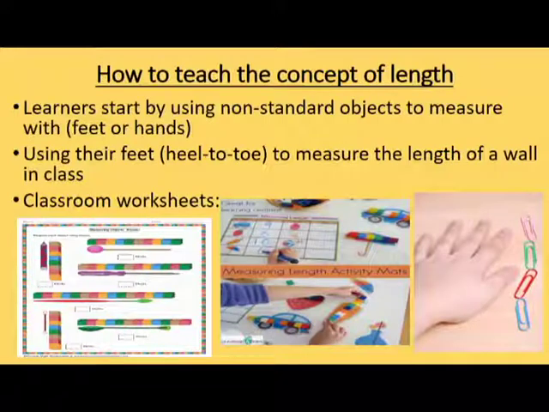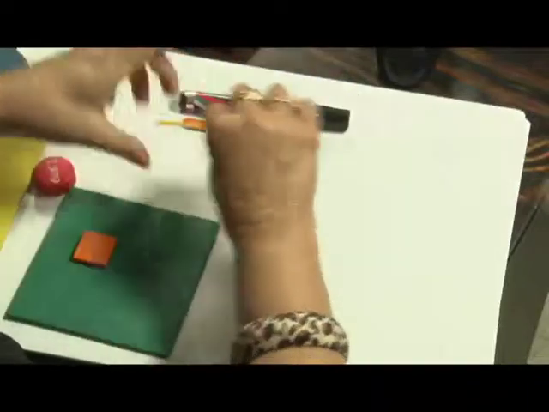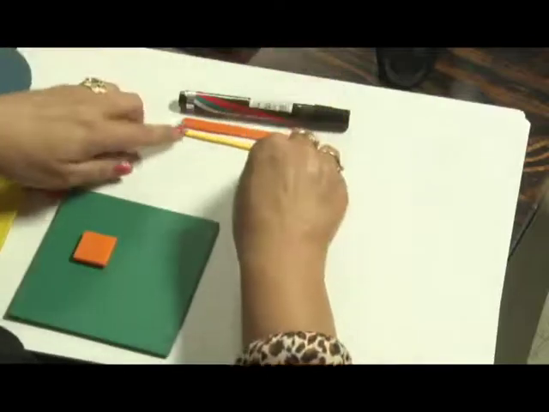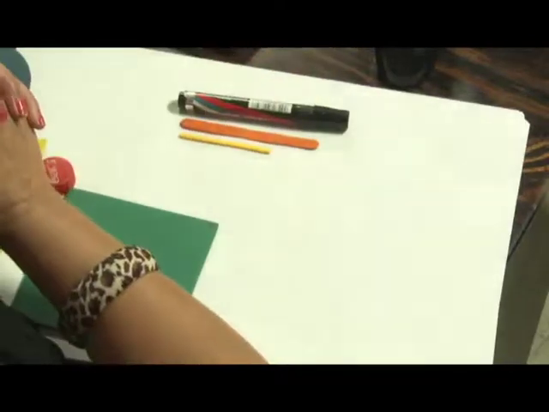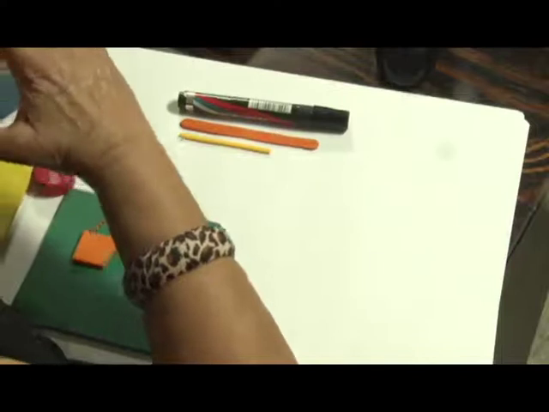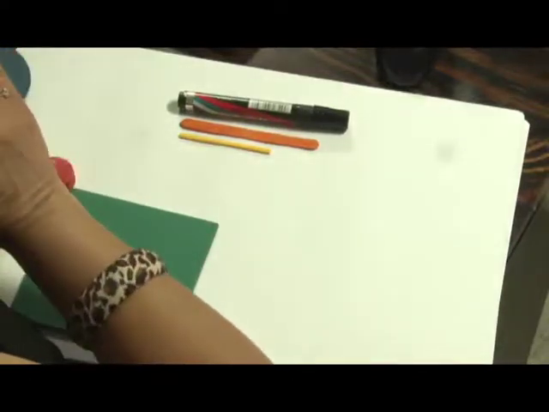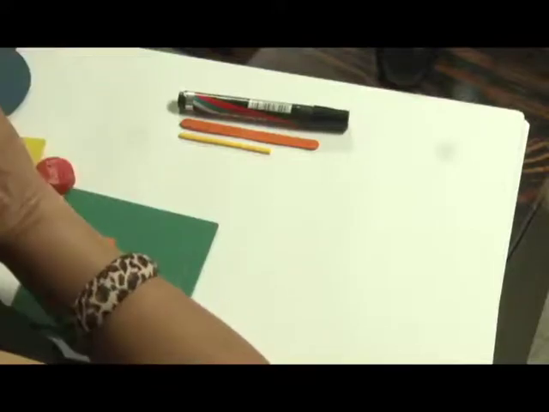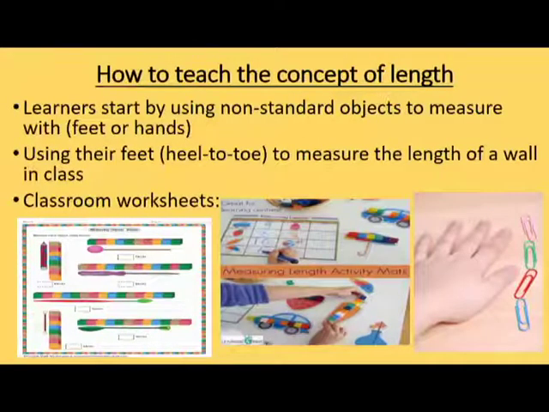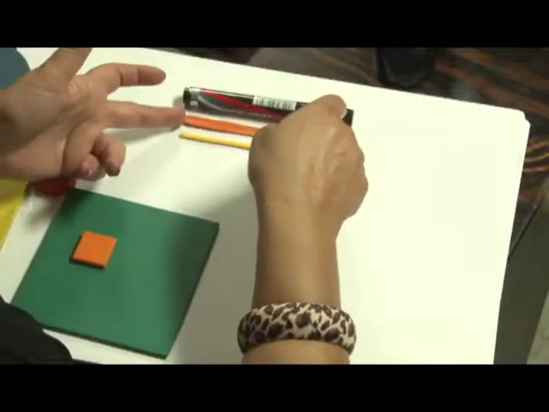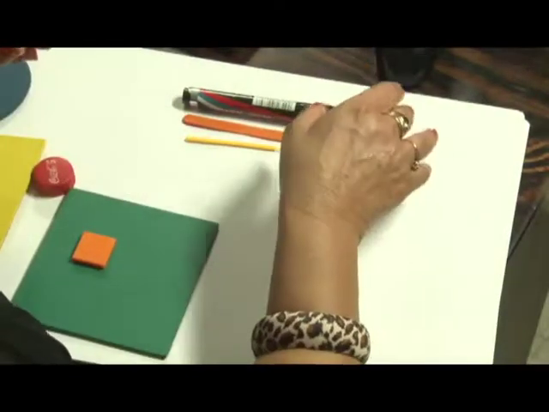So how do I teach length? Length is simply, like I said, we compare the length of objects by putting them next to each other. They use only the vocabulary like longer and shorter, so they can see which one is longer and which one is shorter.